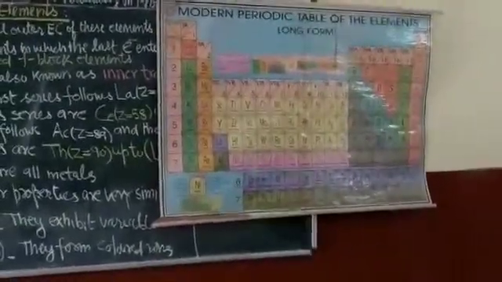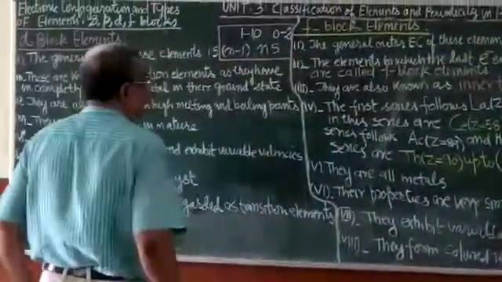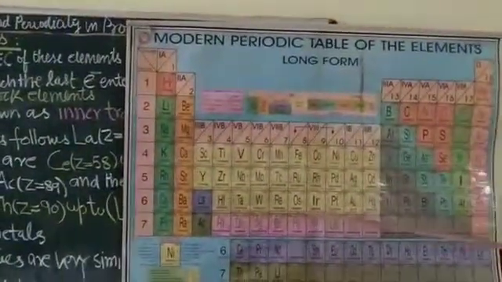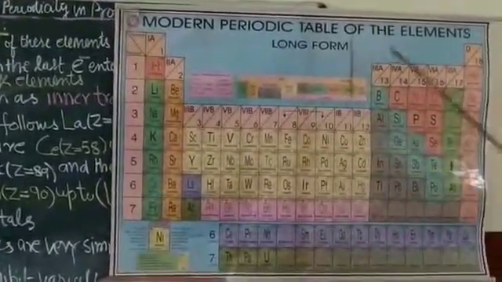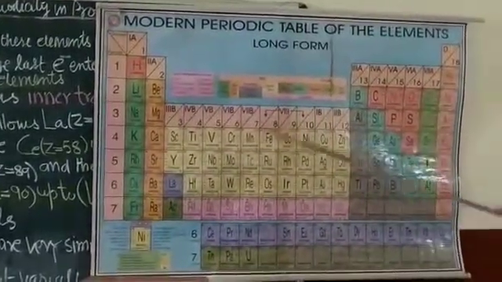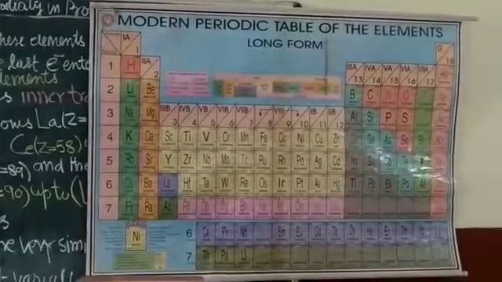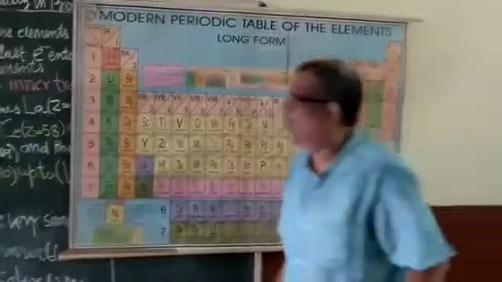Today I will start the characteristics and properties of D block elements. What are D block elements? These are the D block elements, and I have told you earlier, these are also called transition elements. Let us study their properties one by one.